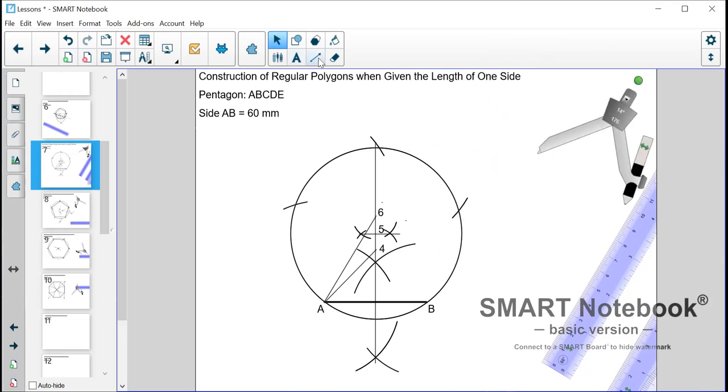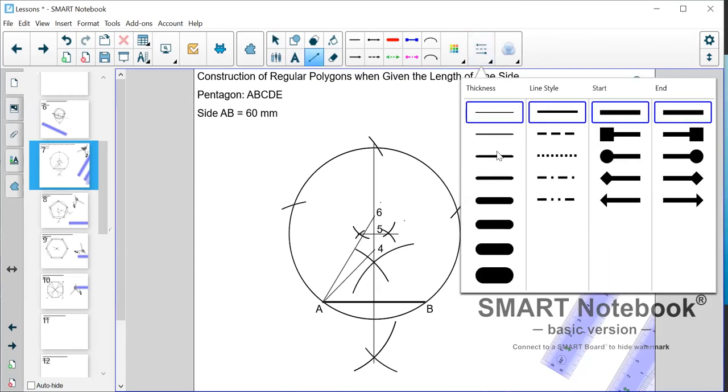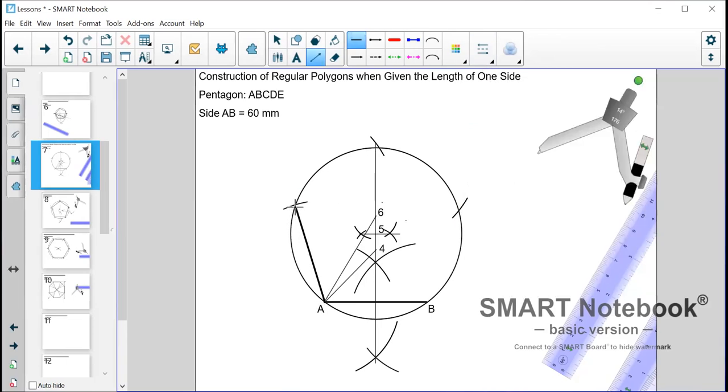Good. So from that, you can safely use those points as vertices. We already have vertices A and B, all right, and we use those arcs as the others. So we simply draw lines to those vertices.